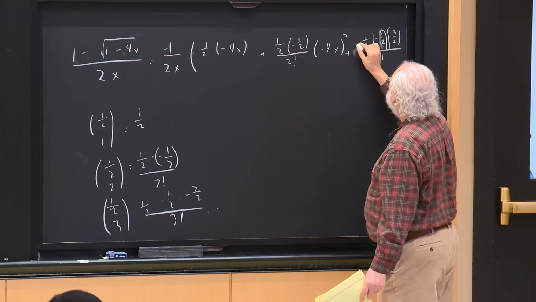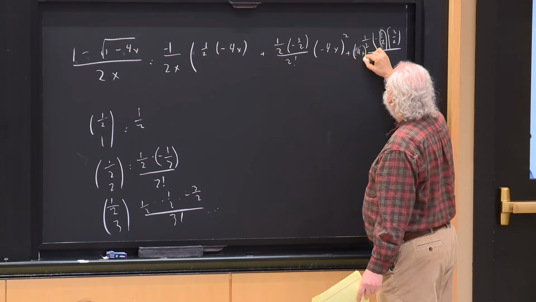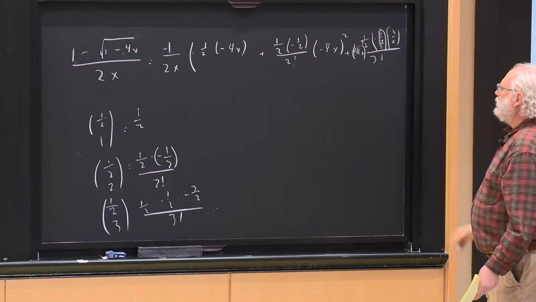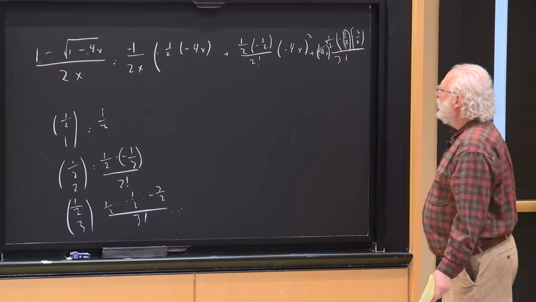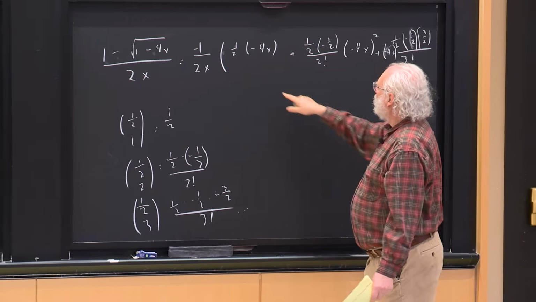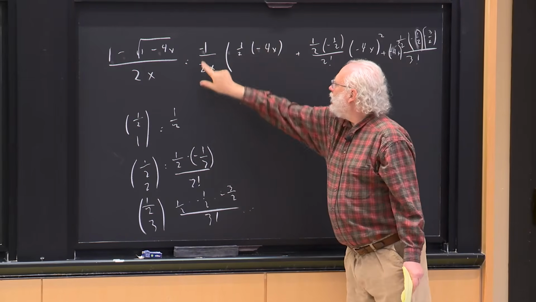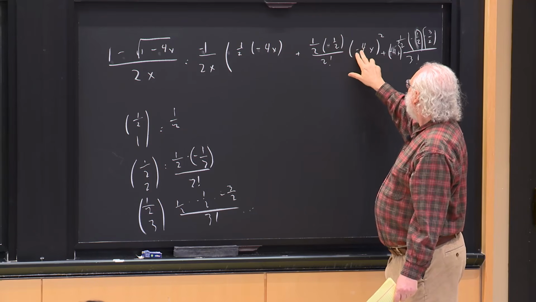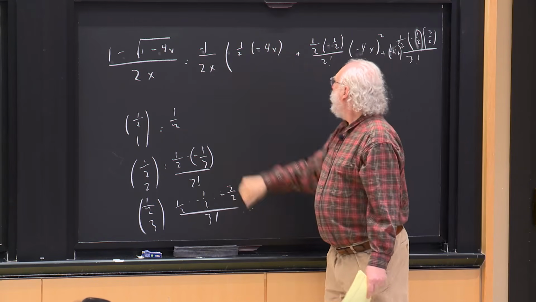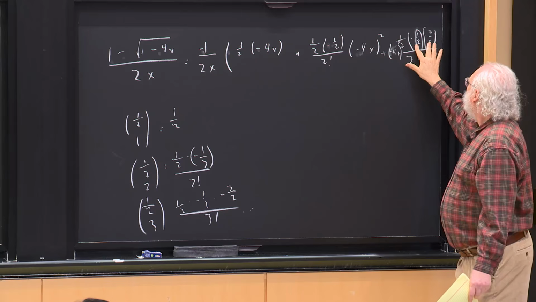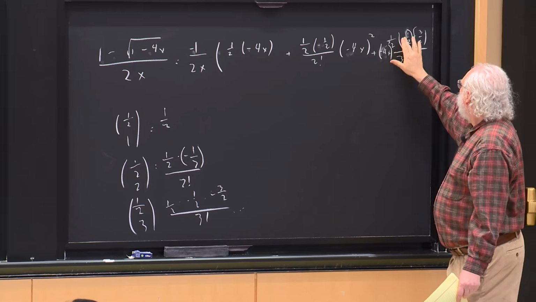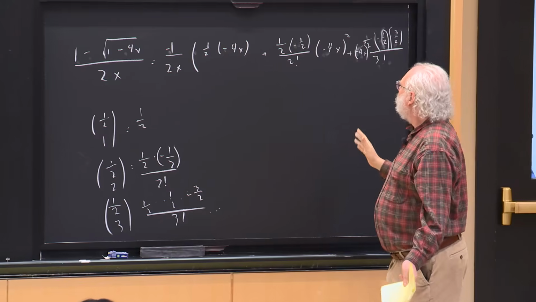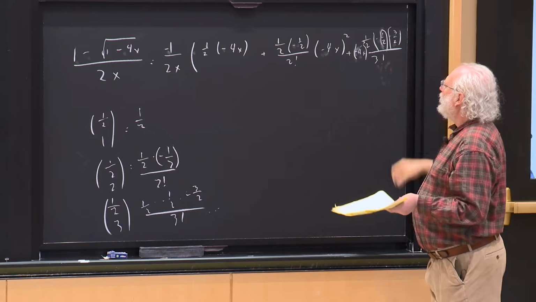So let's put that here, and the minus sign. So the first thing you can check is that all of these terms are positive because this minus cancels this minus. This minus is squared, so this minus cancels this minus. This minus is cubed, but there are 2 minuses here, so that one cancels this minus, etc. So we can ignore the minus signs.